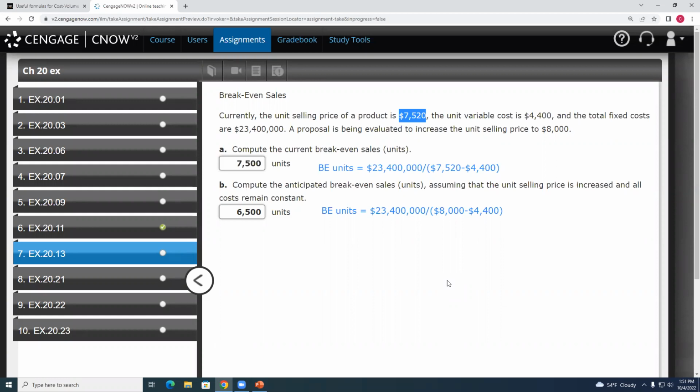Two is this concept of elasticity of demand, price elasticity of demand to be specific, which is a measure of how sensitive our customers are to a change in price.